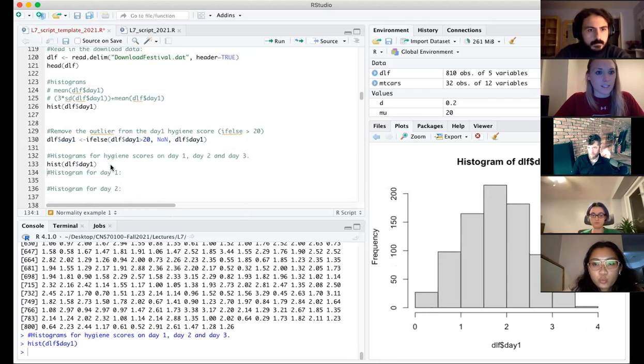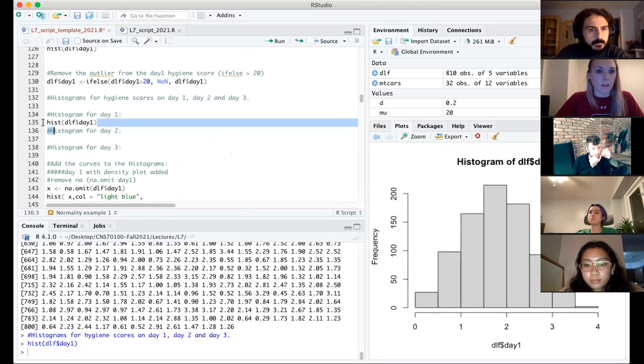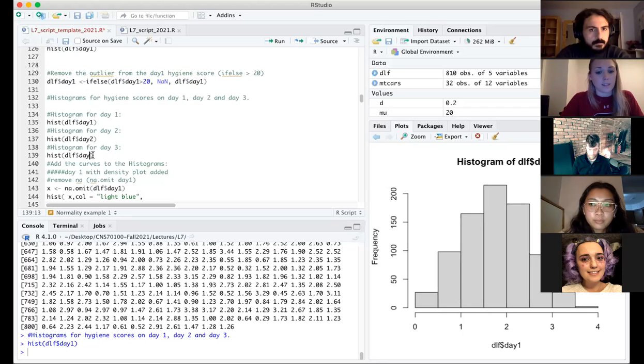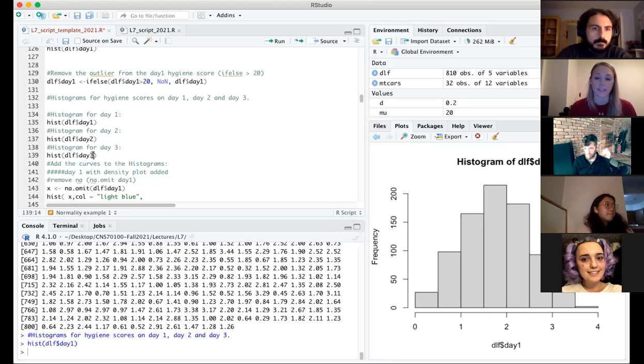So now we can see our histogram for day 1. But remember, we actually have day 1, day 2, and day 3. So I'm going to plot all 3 of these. If what we were interested in is testing the differences between day 1, day 2, or day 3, or whatever our hypothesis was, generally we're going to want to test the normality of those distributions separately.